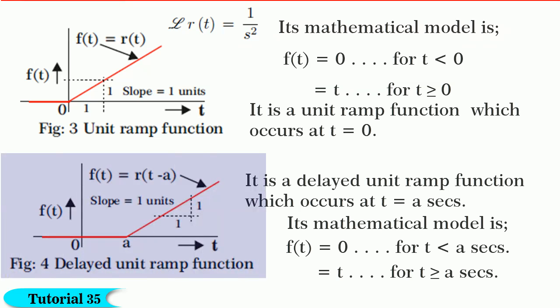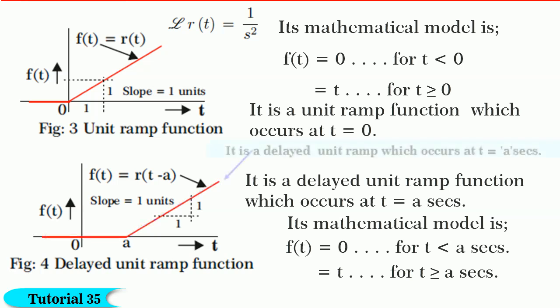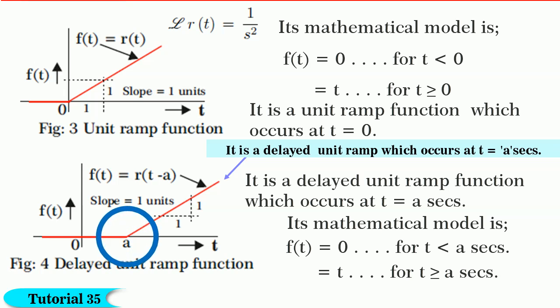Next, consider another ramp shown in figure 4. Observe the function. It has a slope of 1 unit. Its magnitude is 0 for time t less than a seconds. It starts increasing its magnitude at t equal to a seconds. So, this function is said to be a delayed unit ramp which occurs at t equal to a seconds.